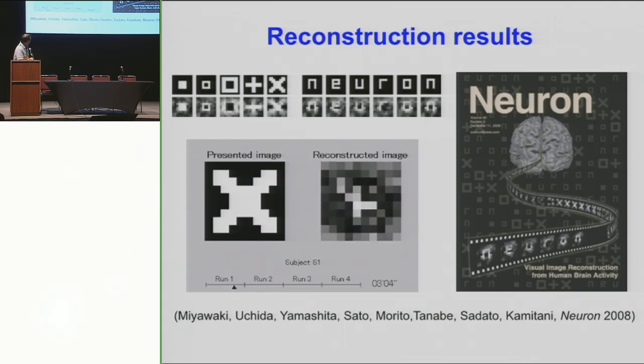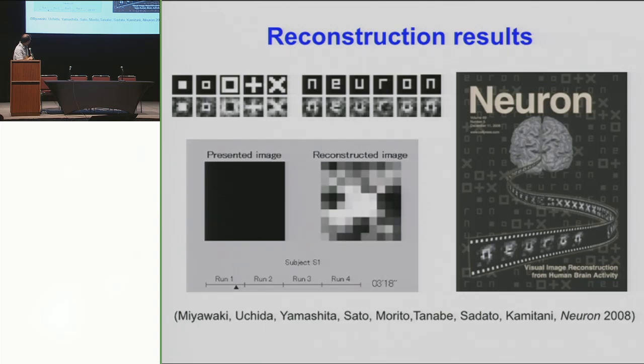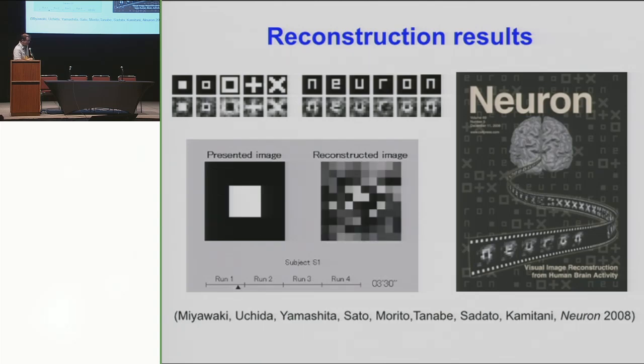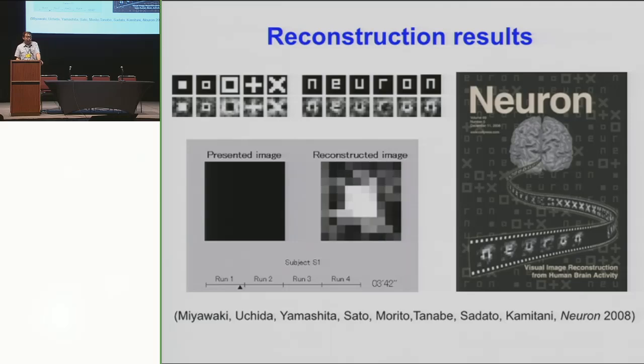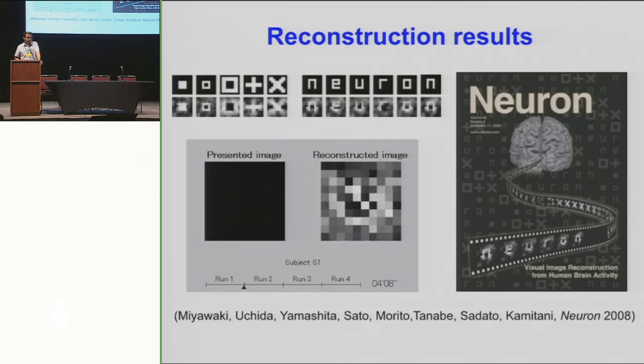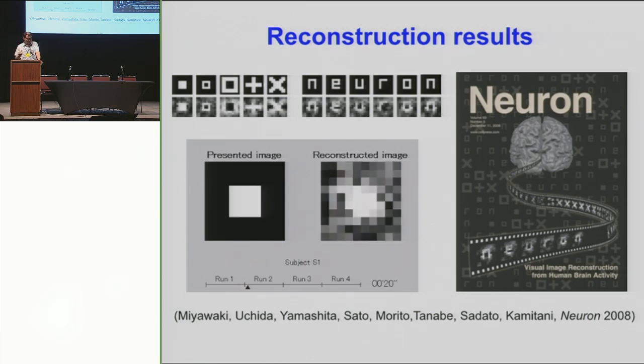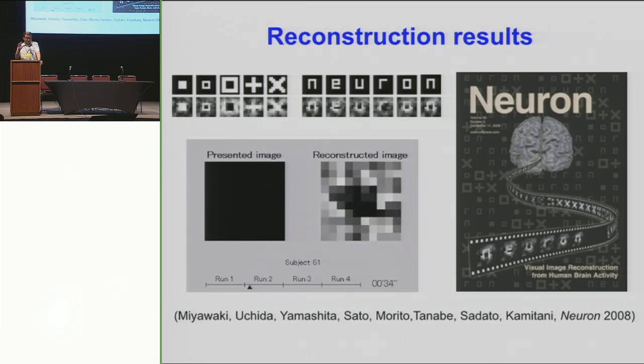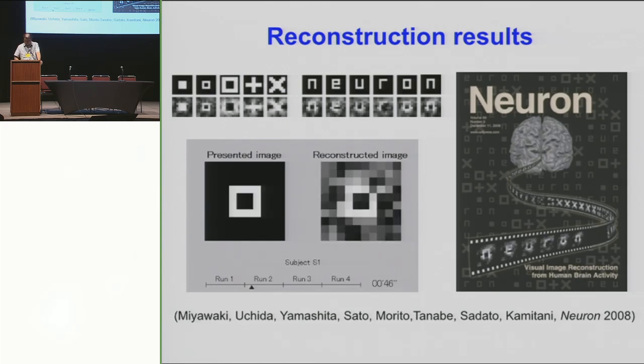Here, this movie shows the presented image and the reconstructed image. This is from single volume data acquired every 2 seconds. So the quality is worse, but still I think you can recognize the basic shape.